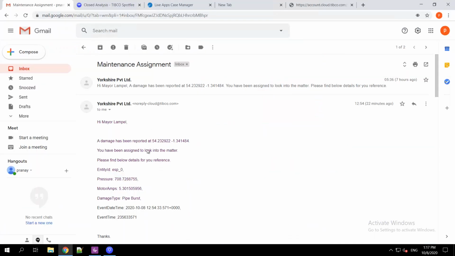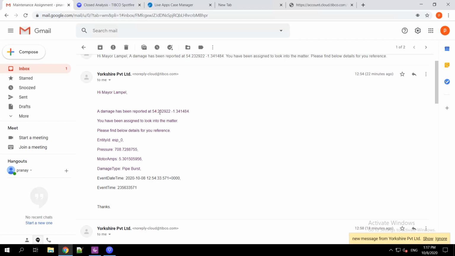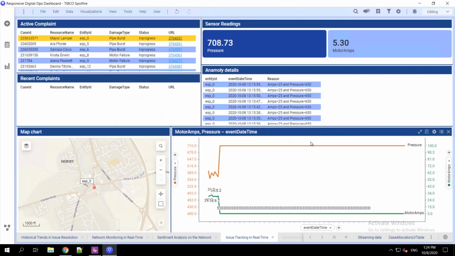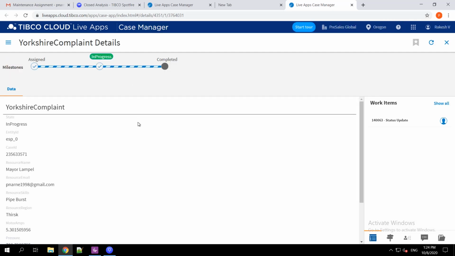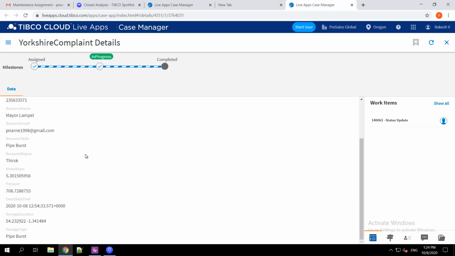He received an email with the location details, the entity, the last pressure reading that was observed, the damage type that got classified, and when the event got logged. Once the resource starts to work on this case, he can just open the case that's assigned to him. This is the case that was assigned to Mayor Lampel, and we could see all the details.